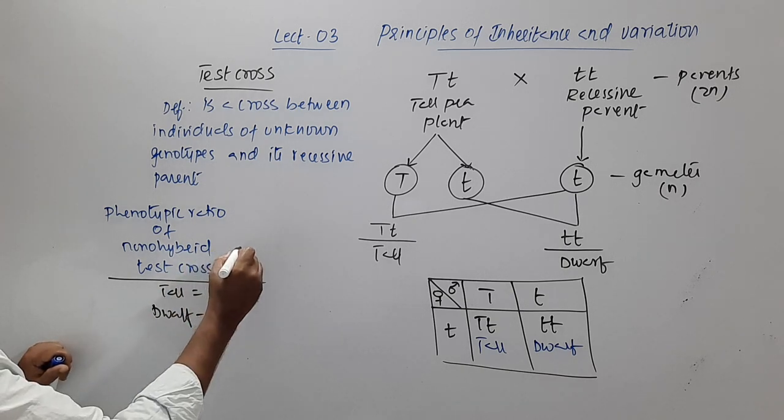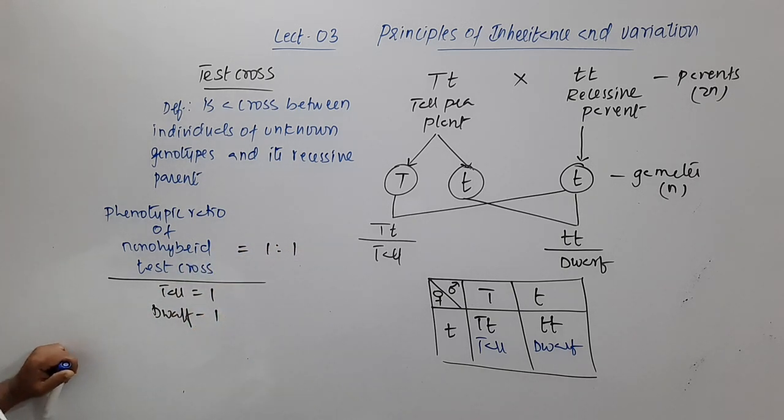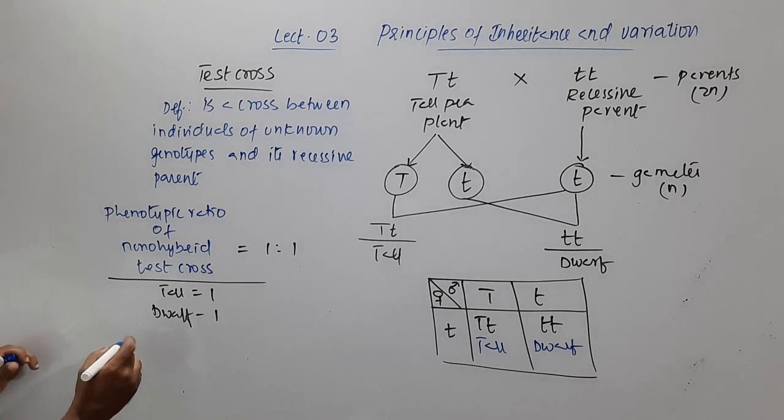So the ratio will be 1:1. Then coming to the genotypic ratio of the monohybrid test cross.